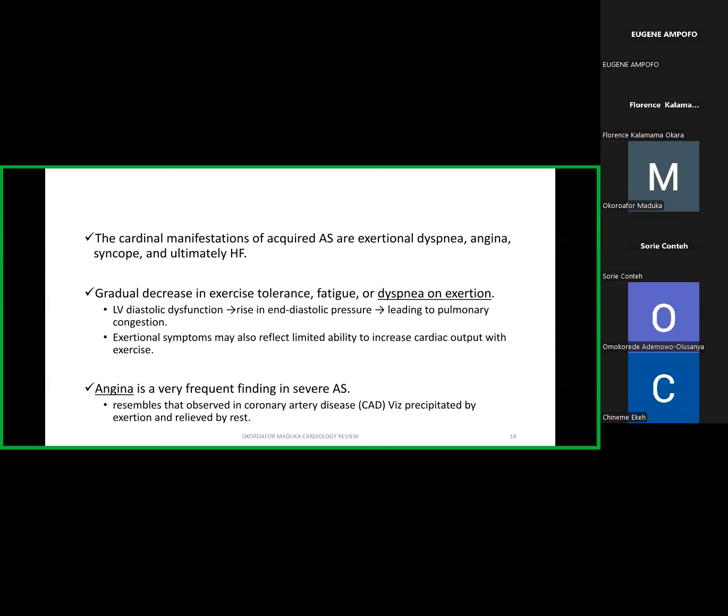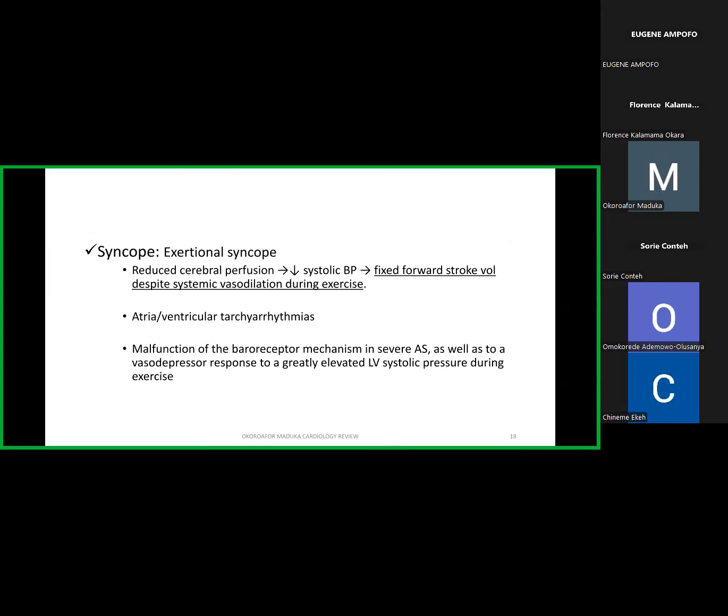For the angina, usually the raised end diastolic pressure causes a form of wall stress, causing compromised blood supply to the endocardium, and so they could present with chest pain. There are other things that can also lead to angina in them, which we'll talk about as this presentation goes on.